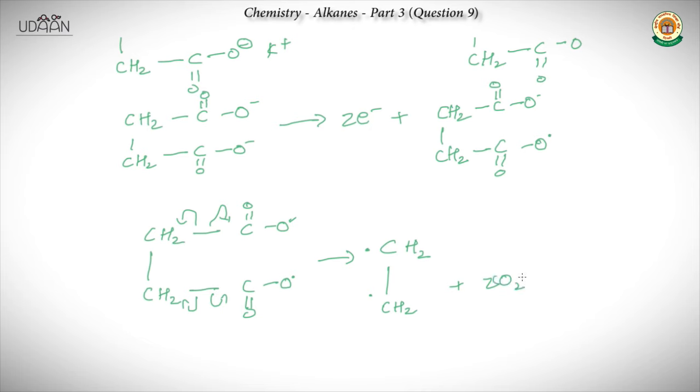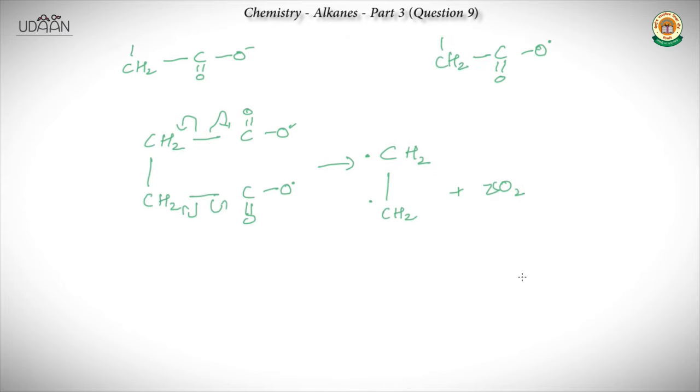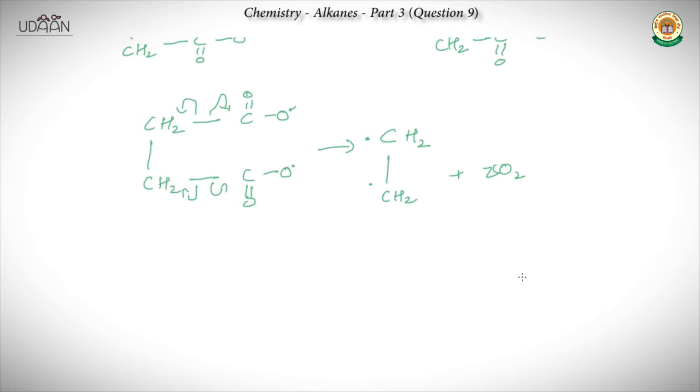Now the reason this happens is because CO2 is a very, very stable compound, and a lot of energy is released when CO2 is formed, so it tends to go this way. Now, what is the next step that can happen? We can either have the two CH2s attack another pair of CH2s and form a four-membered ring.